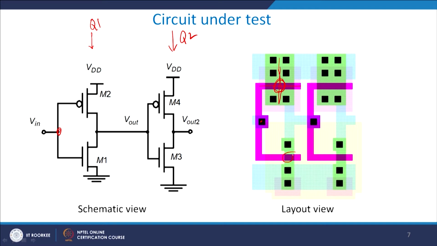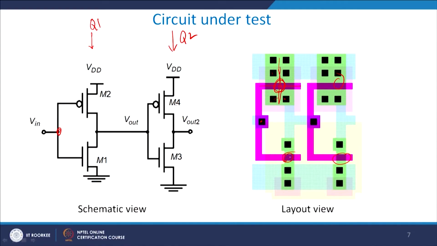Similarly this is your MOS device here, similarly this is your MOS device which is M4, and this is your MOS device M3. Since this is PMOS, you have the layer twice the width because you do not want it to be skewed, you want TPHL to be equal to TPLH, and therefore the width is almost double that of NMOS here, as you can see. So this is your source drain and this is your VDD and ground.